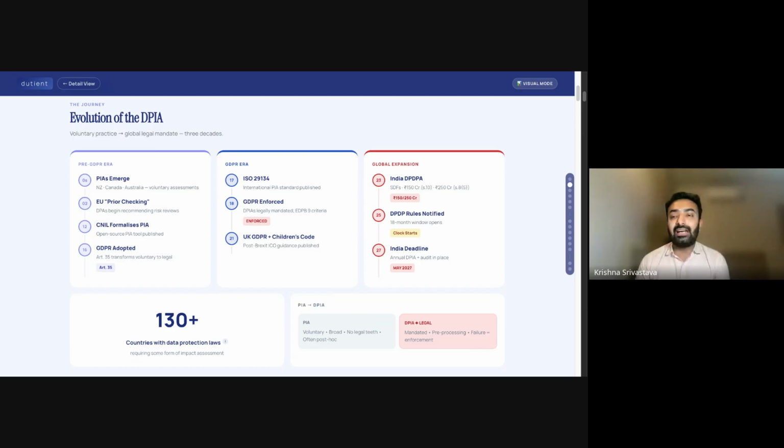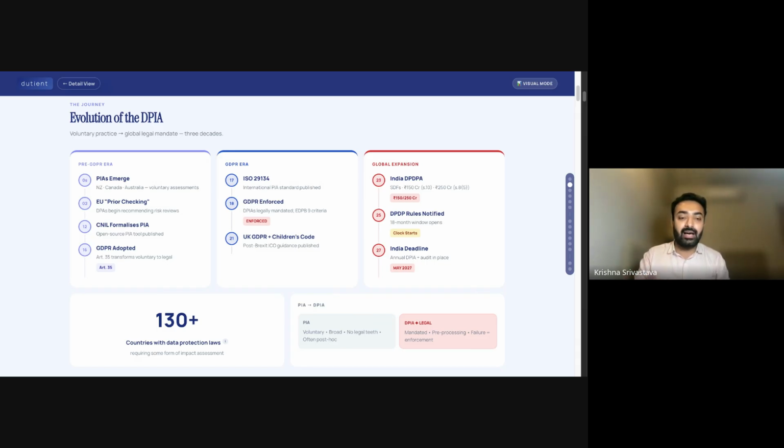And one of the great things that the CNIL did is that they also open sourced the PIA tool. Now, the interesting part there is that when you open source a PIA tool or a web platform that people can look at, it really helps organizations process personal data more responsibly, and they also get clarity as to what exactly needs to be done.